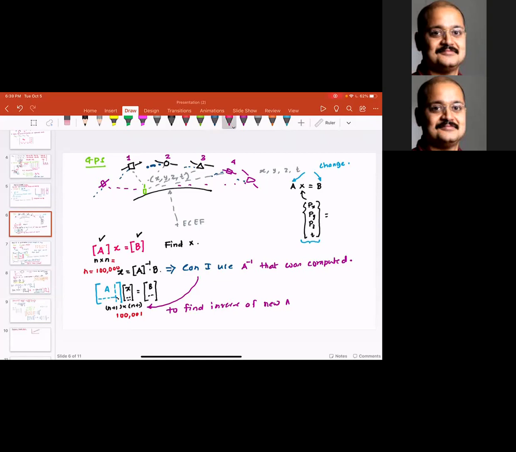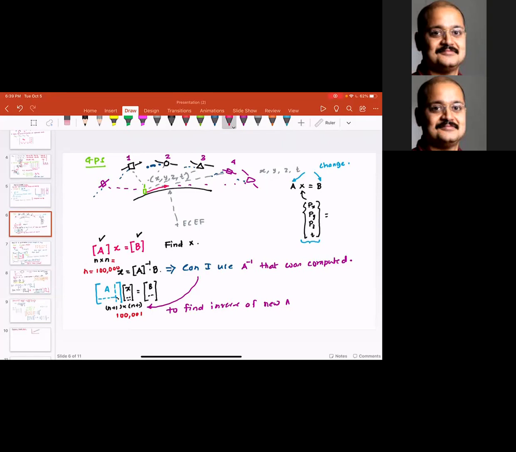So this is a simple problem. But now imagine that this receiver starts moving. The new information that is going to come at you will be used to find out the X new, Y new, Z new, and T new. So your values are going to change.